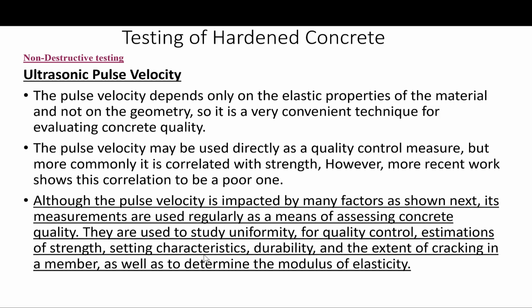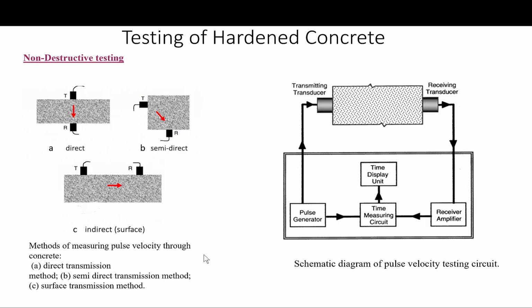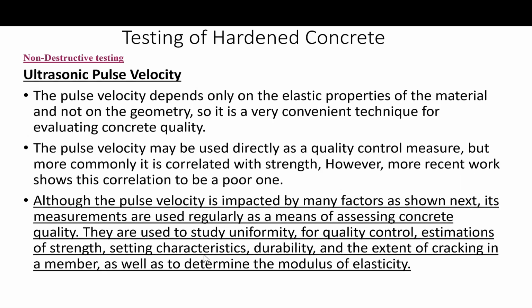So an apparatus such as the one shown schematically here is used to determine the pulse velocity through a known thickness of concrete using the procedures outlined in ASTM C597. A number of commercial devices are available that meet these requirements with an accuracy of measurement of about ±1%. So there are very accurate testing machines available in the market, and they are very good.